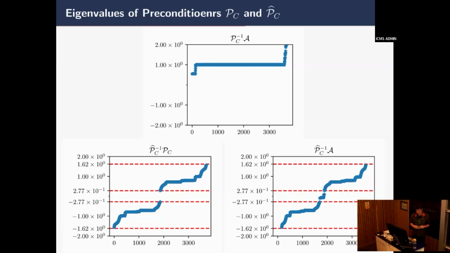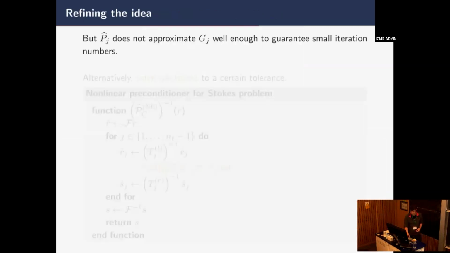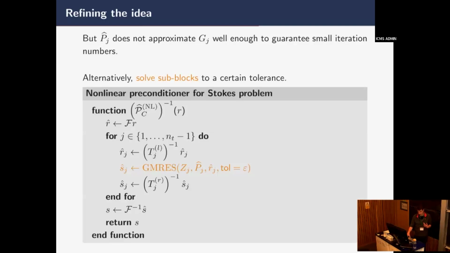But unfortunately, that preconditioner doesn't perform very well. We saw that if we embed it in GMRes, we still get about 150 iterations till convergence. Which led us to another idea: instead of using PJ hat to replace it, we solve the subsystem to a certain accuracy, which then gives us a nonlinear preconditioner.